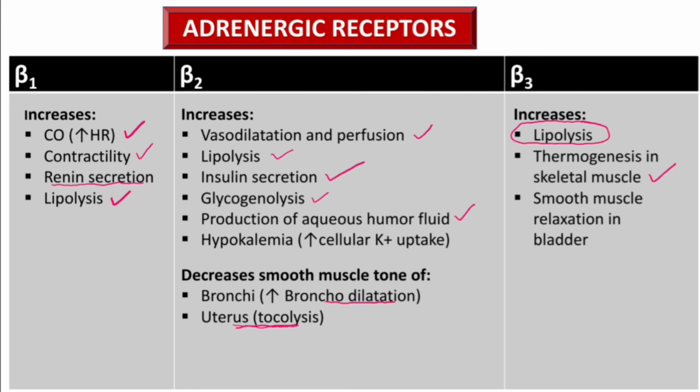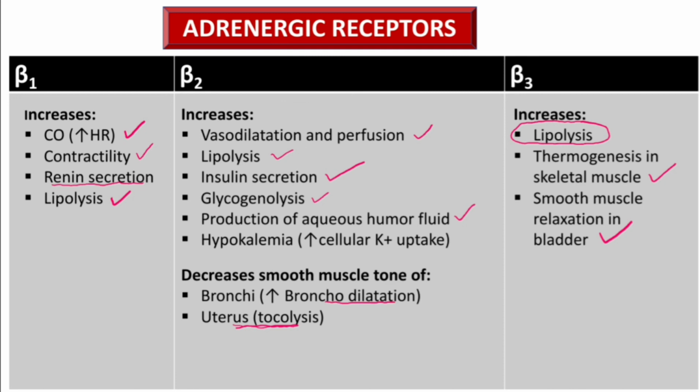And also you need to remember there are few beta 3 receptors on the urinary bladder. So if you stimulate beta 3, smooth muscle relaxation in the bladder will increase. That's this point.